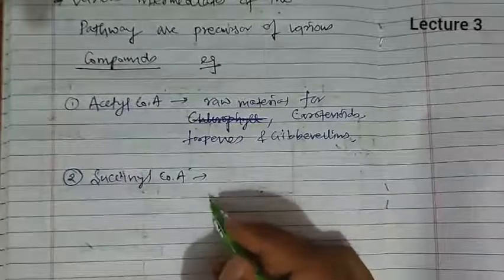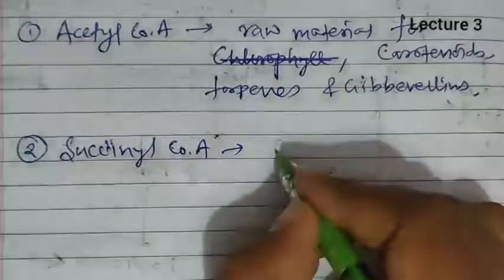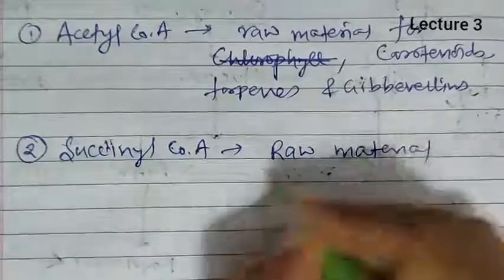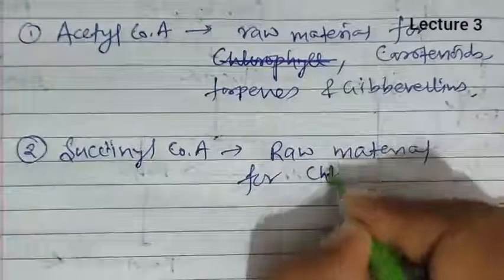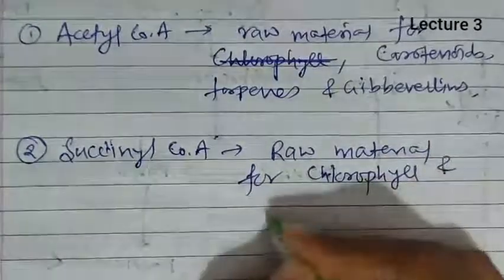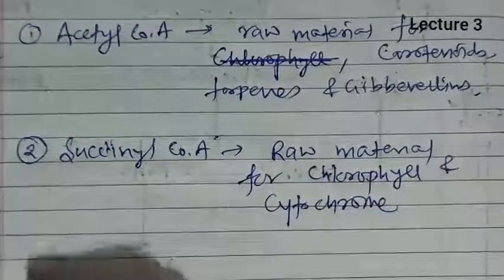Second, succinyl coenzyme A. This succinyl coenzyme A is acting as a raw material for chlorophyll and cytochrome.